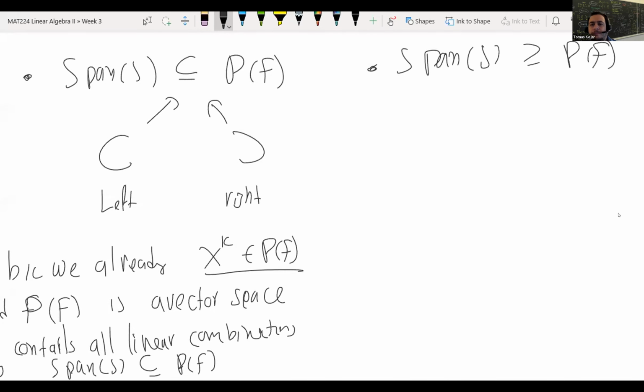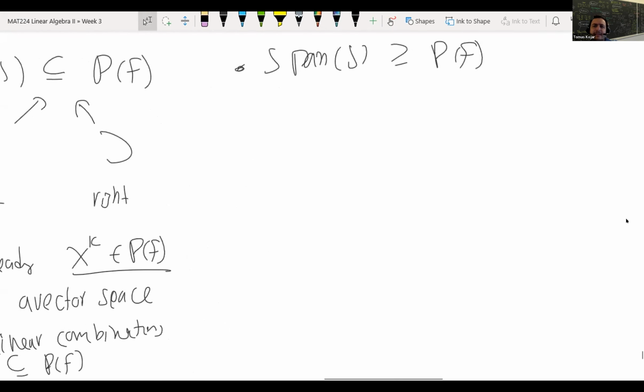So here, this is a little bit tricky. It's tricky because it's infinite. So how would you do this? Here you need to take a polynomial in this guy, but it needs to be of arbitrary degree.